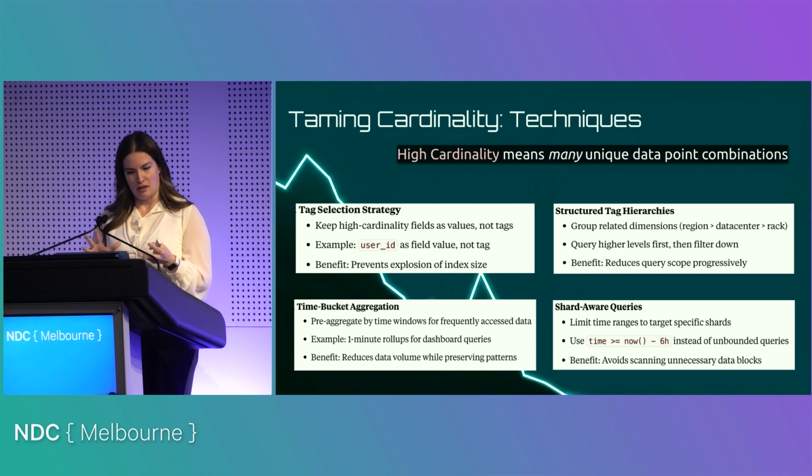Use time now instead of unbounded queries to avoid scanning unnecessary data blocks. And this one got me almost every time I did a project. So now I always start with very small minimal queries, and then I expand from there to really see how long that reading takes. This directly addresses our first takeaway about handling that cardinality at a massive scale.